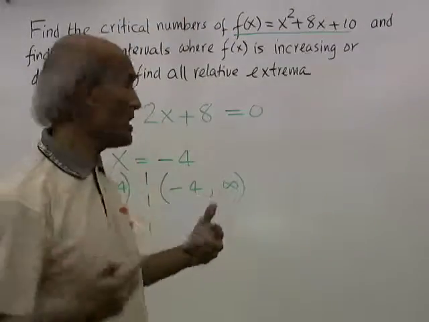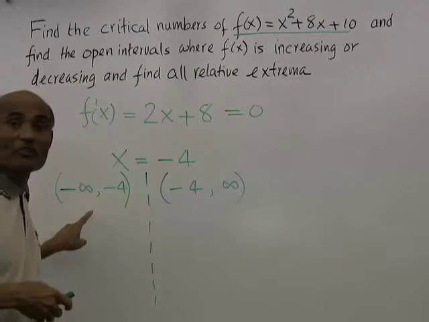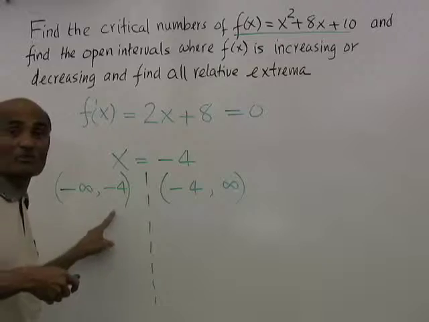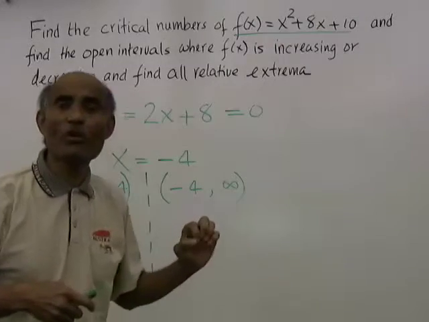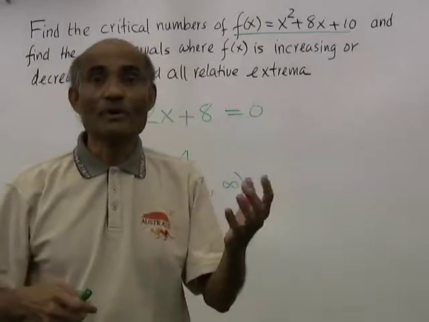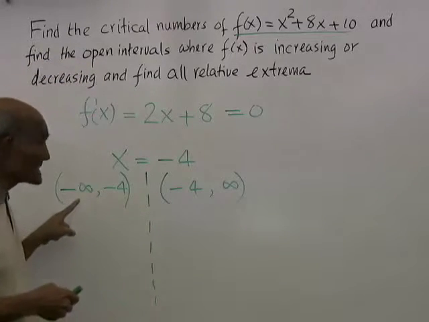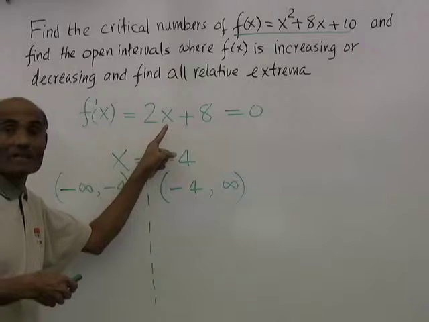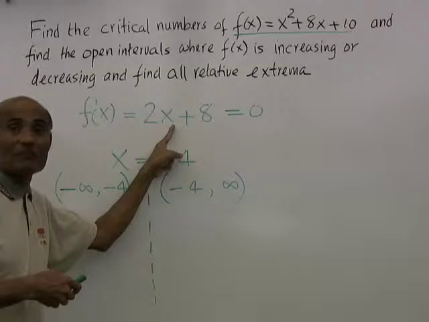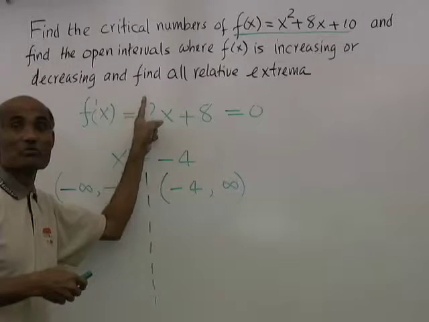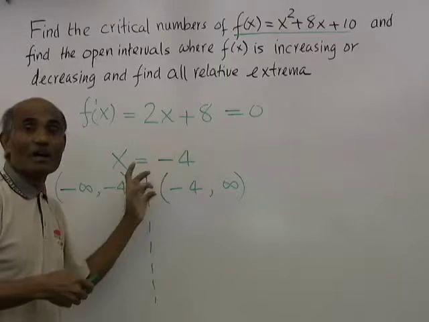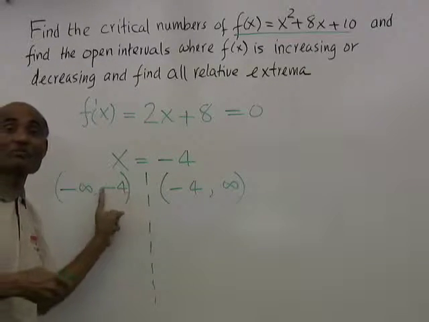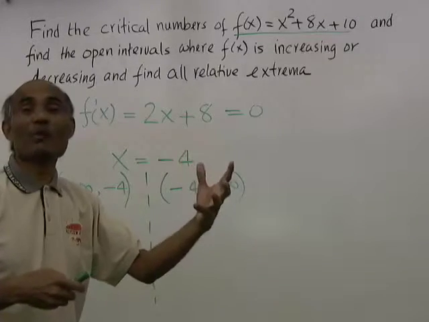Now, how do we know whether the first derivative is positive or negative on this interval, -infinity to -4? All we need to do is take a number on that interval and set x equal to that number and find the derivative value. And if that is positive, then for all values in this interval, it will be positive.